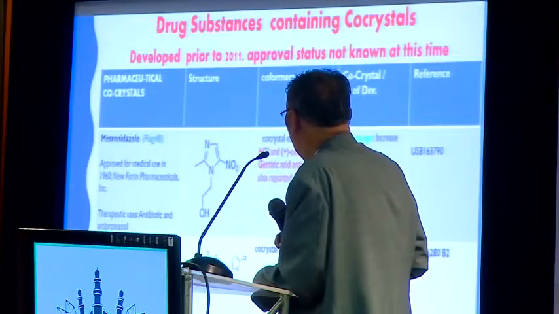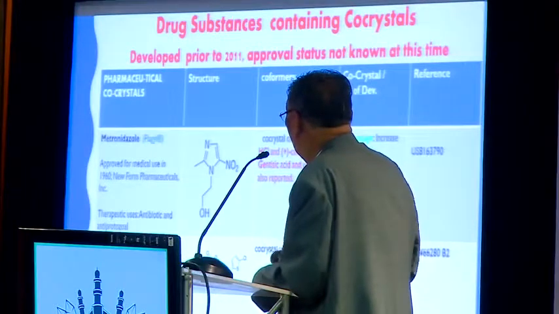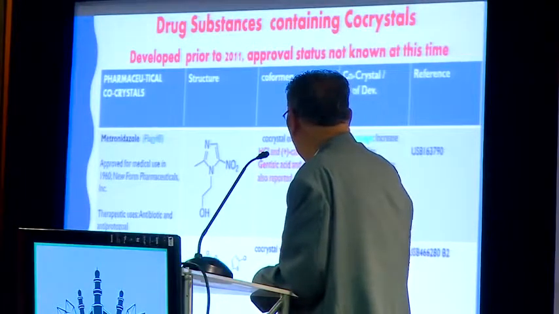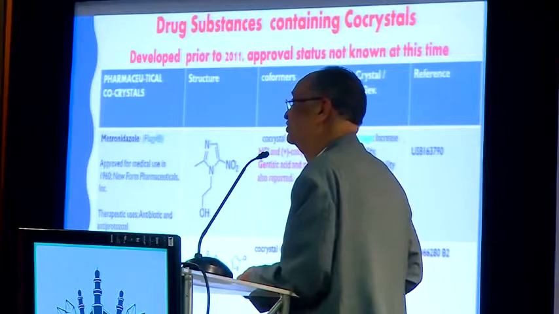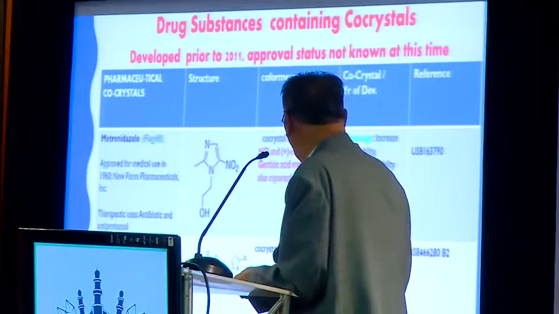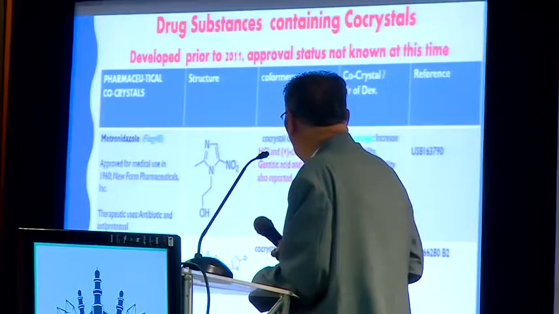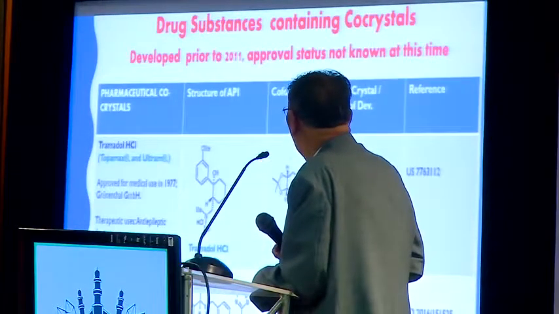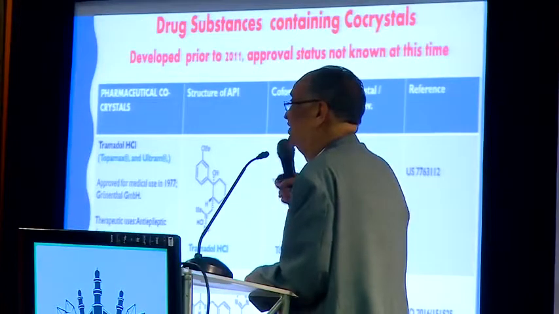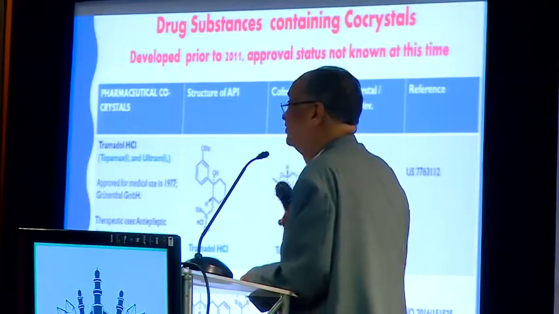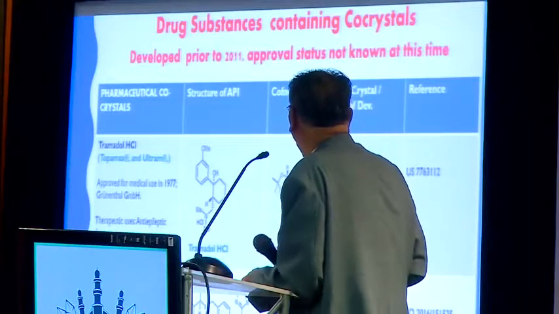Here are some more examples. Celecoxib is one, developed in 2012 as a co-crystal. Tramadol, discovered in 1977, may be resurrected using a co-crystal.